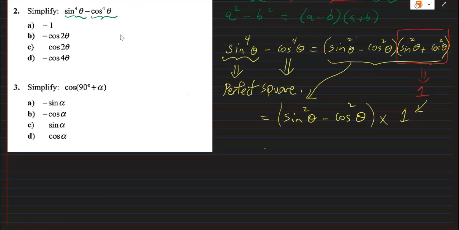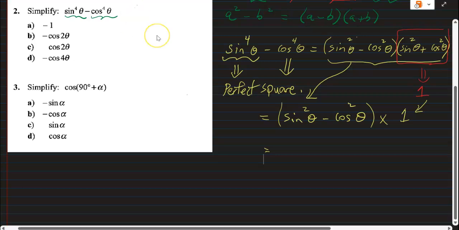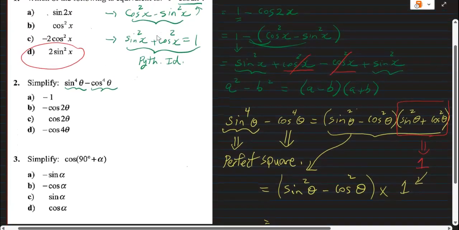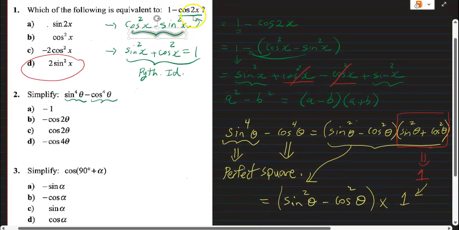You can multiply that by 1 right there, but that's not going to change anything. Now, if you go through the trigonometric identities, you realize there is no such relation for sine squared theta minus cos squared theta. But there is a relation for cos squared theta minus sine squared theta, as we talked about in the first question, and this was the cos of double angle.